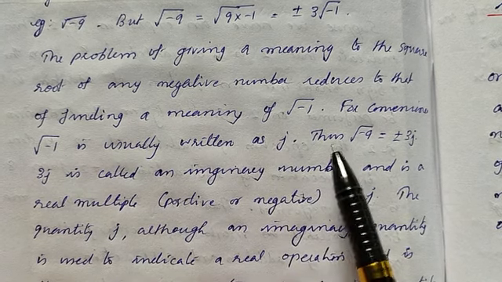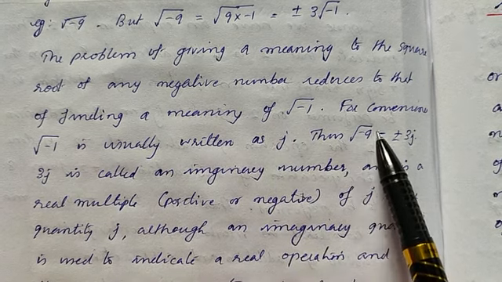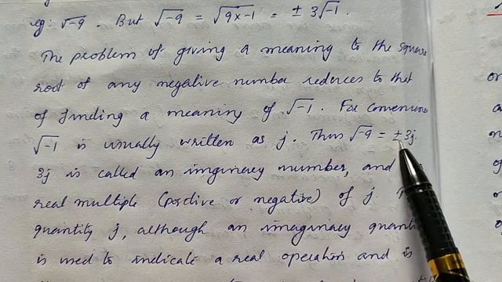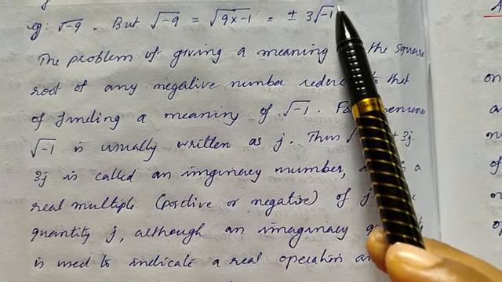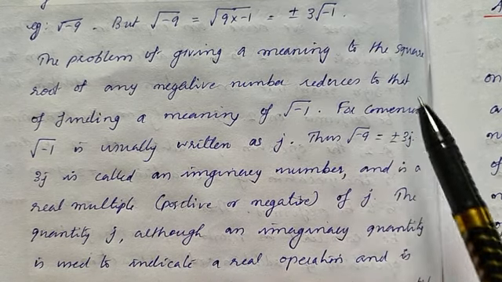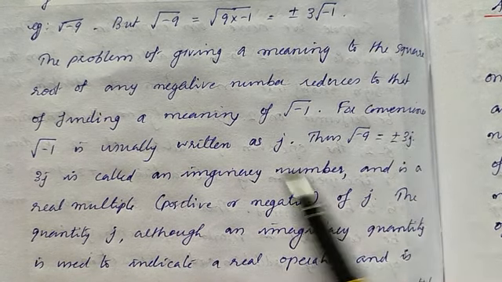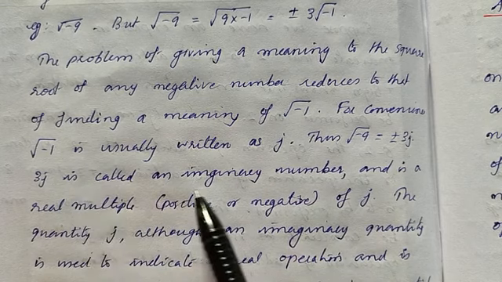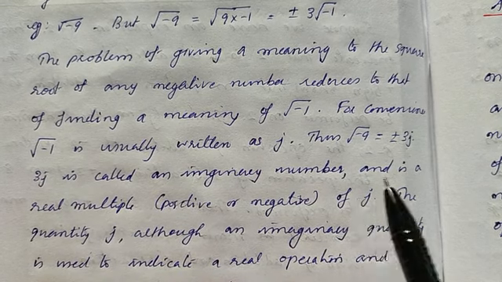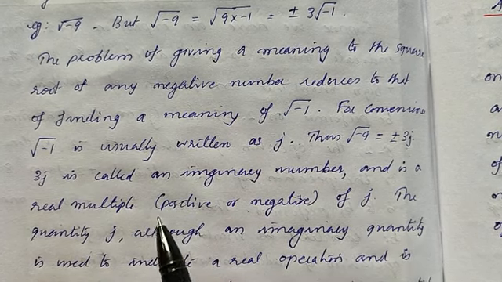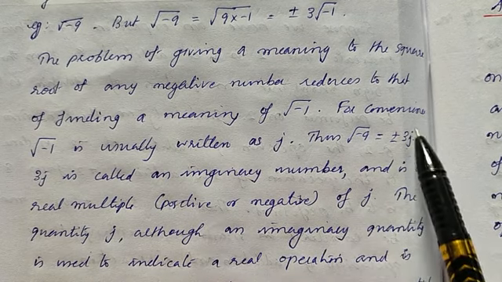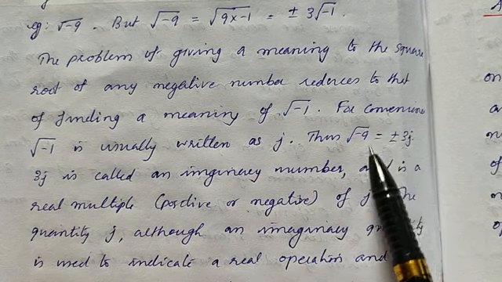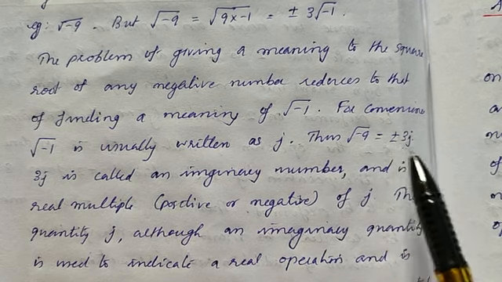This square root of minus 9 can be represented as plus or minus 3j, since the square root of minus 1 is now represented as j. Now 3j is called an imaginary number and is a real multiple, positive or negative, of j. So a negative quantity under the root is represented using this imaginary number.